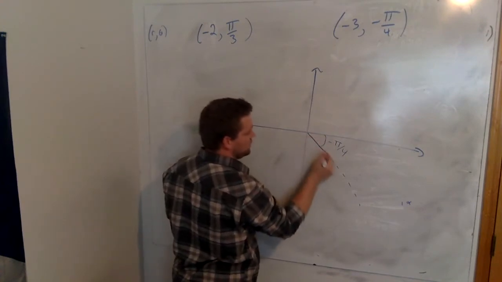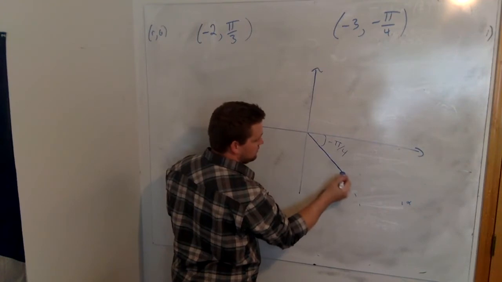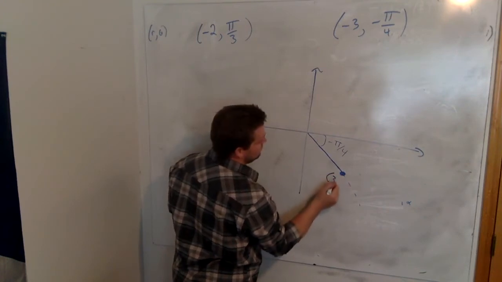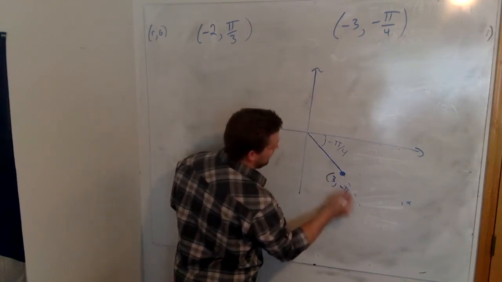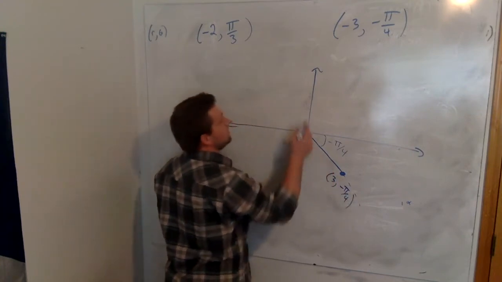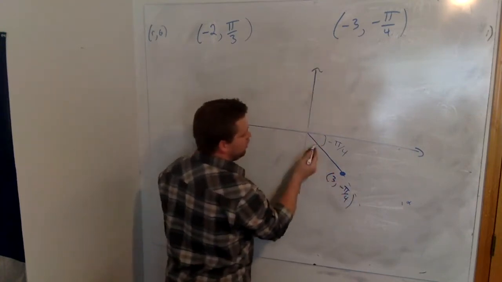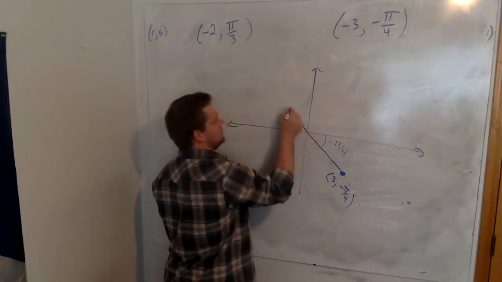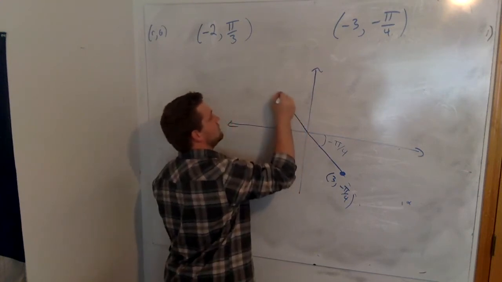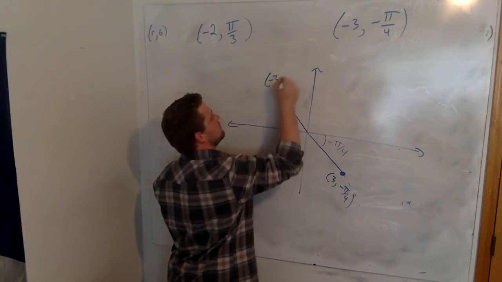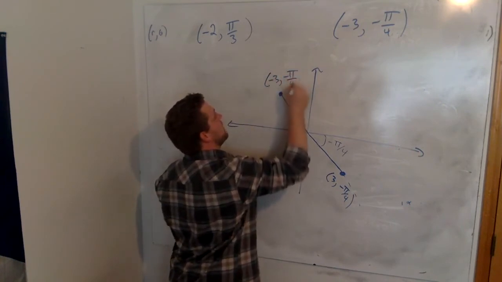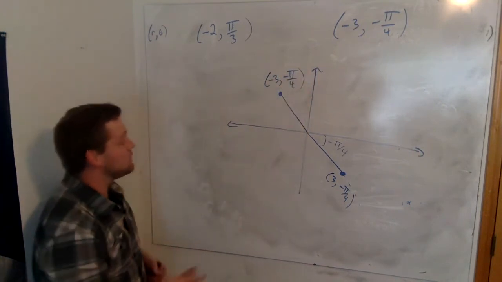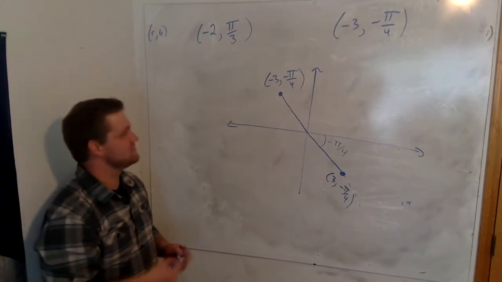So it'd be like 1, 2, 3. So this would be the point 3 and negative pi over 4. But if we want the negative 3, we go in the other direction. So 1, 2, 3. So this is the point negative 3 and negative pi over 4. And that's how we plot points with negative radiuses.